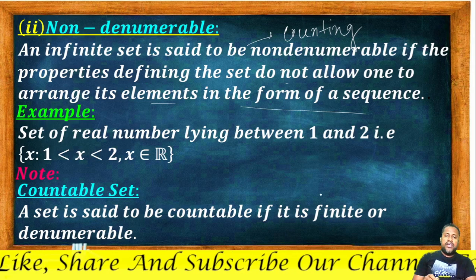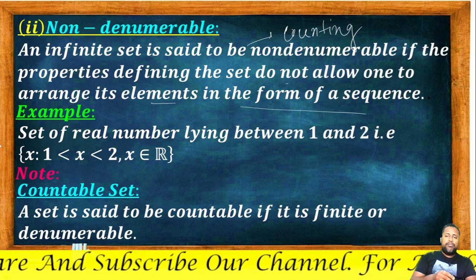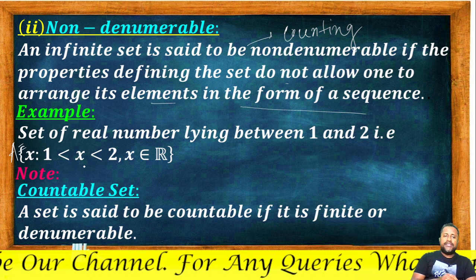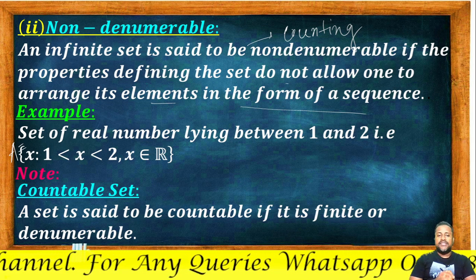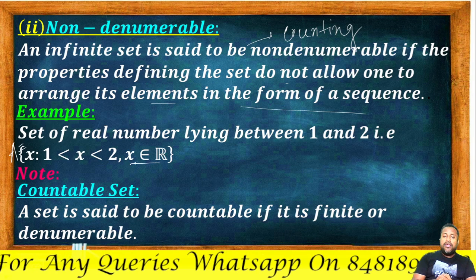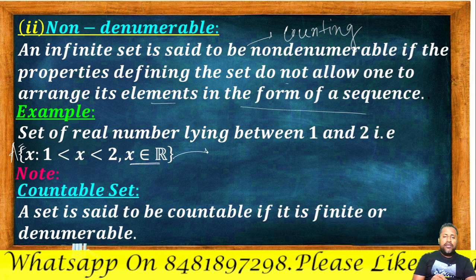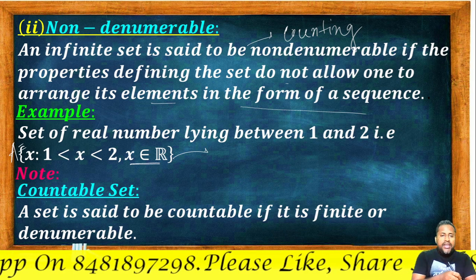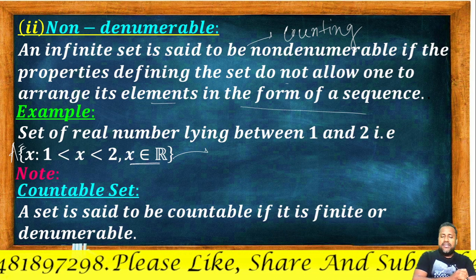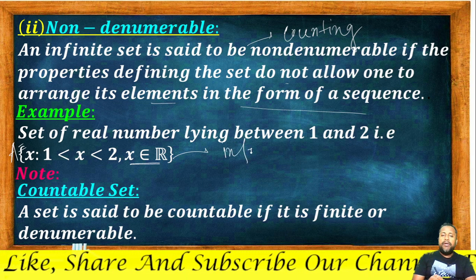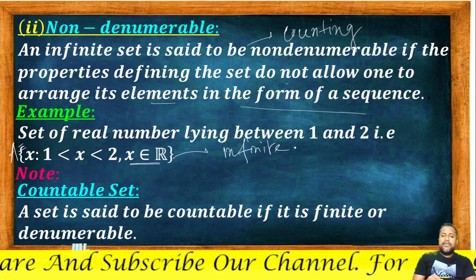Say if we consider a set, suppose A is a set where A equals {x such that x greater than 1 and x less than 2}, and this x belongs to R. First, if I ask how many elements are there in this set, it will be infinite, means we cannot count.